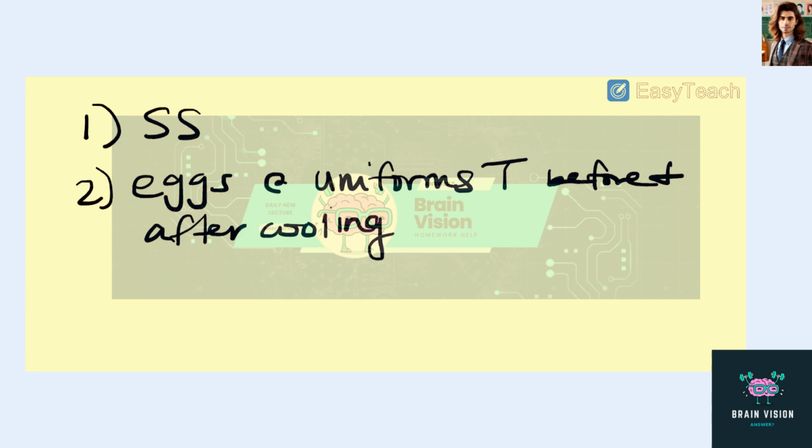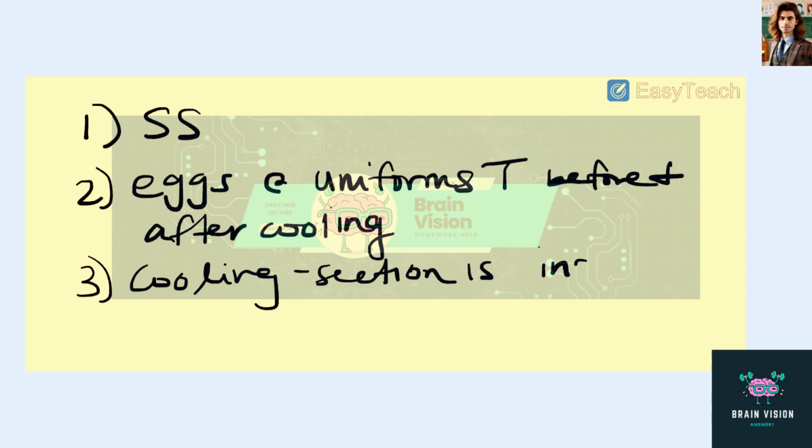Next, we're also going to assume that the cooling section is insulated, so there's not going to be any heat transfer that allows heat to escape this cooling section. And we're also going to assume that the properties of these eggs are constant, so properties are also going to be constant.